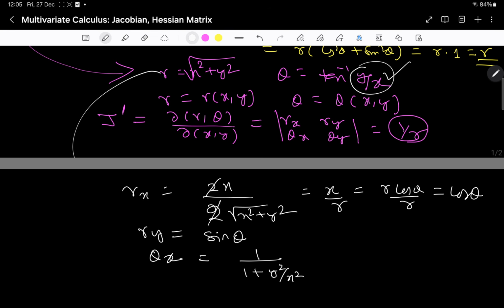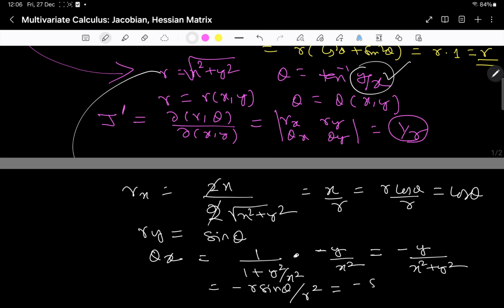By the chain rule, the derivative of y by x with respect to x is minus y by x square. So this will be minus y by x square plus y square. Since y is r sin theta and x square plus y square is r square, this is minus sin theta divided by r.